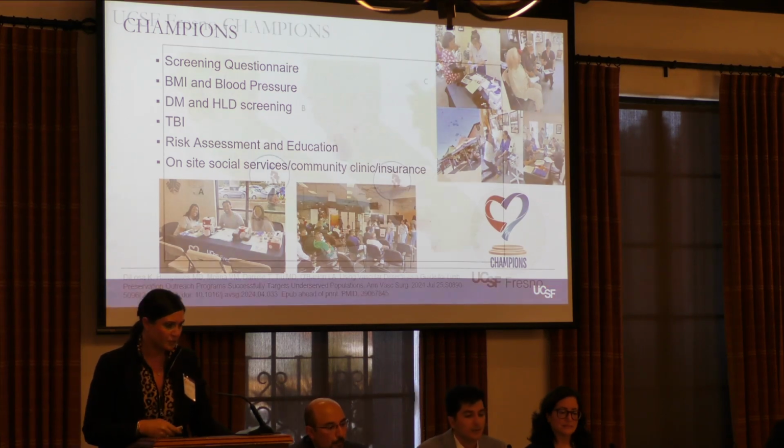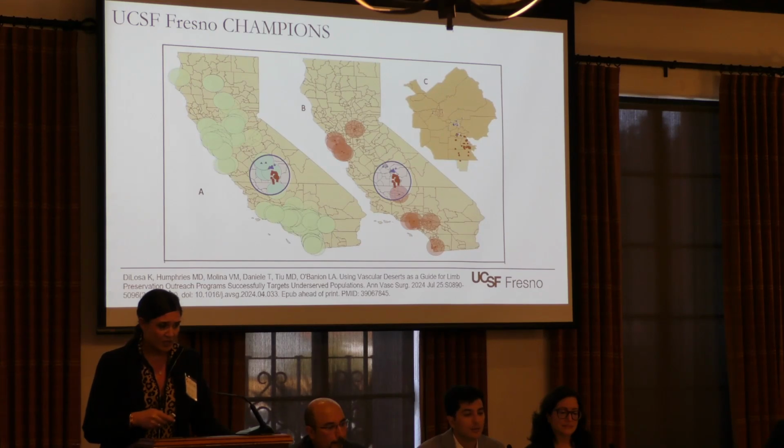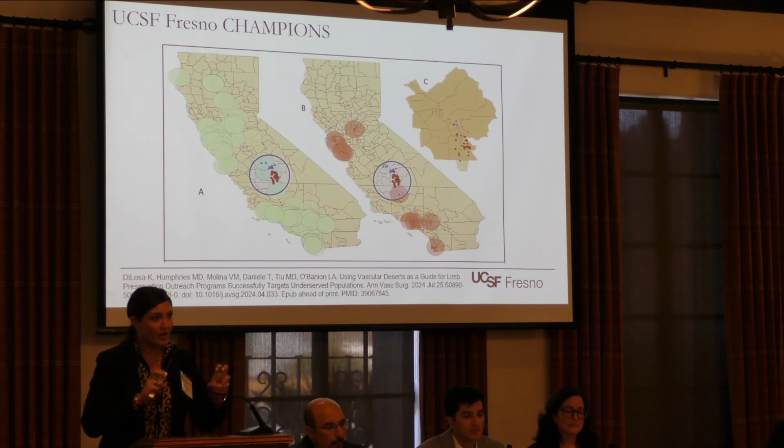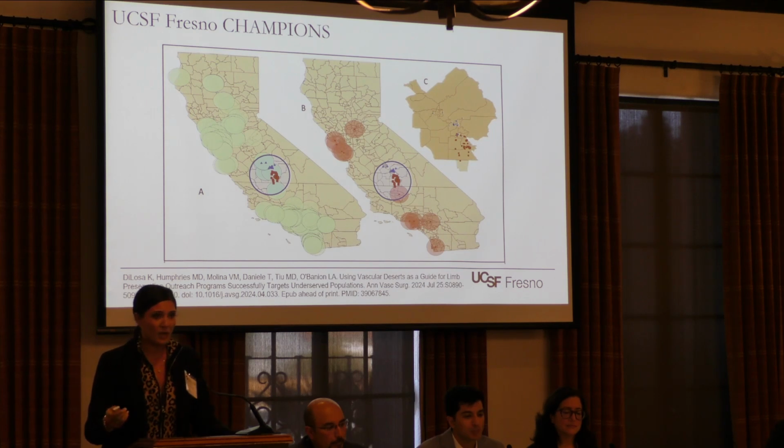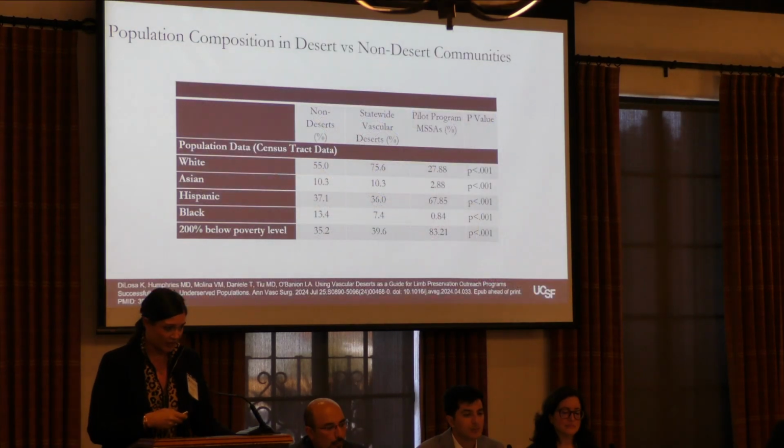So you can see here we did our first couple of screenings. We targeted an area. One was the Dinuba Raisin Festival, and the other was a food bank in Poplar, California, both known to be quote-unquote unincorporated communities in California, but both with large populations, largely Hispanic, largely underserved, and in great need of cardiovascular care, and you'll see why here in the next couple slides.